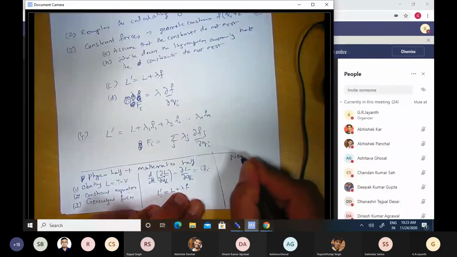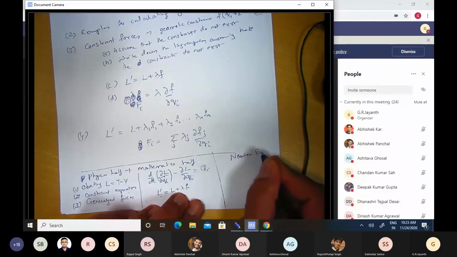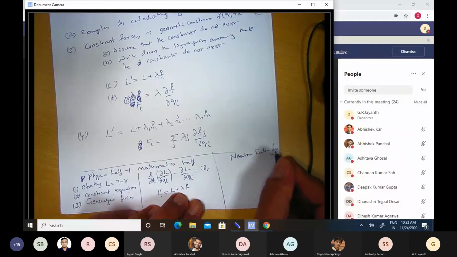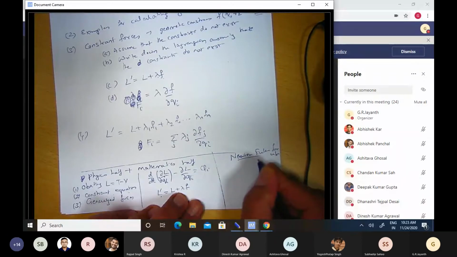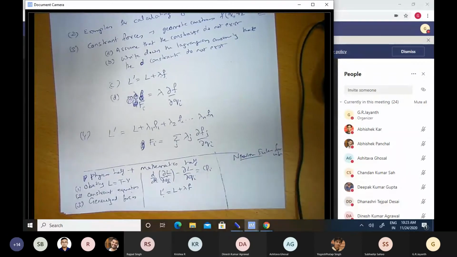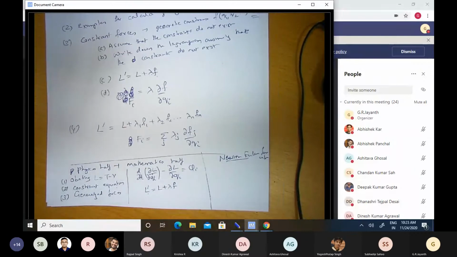Newton-Euler formulation. So in the Newton-Euler formulation, at least the way we have done it so far, in those recursive equations that we wrote, we did not bring in the mathematics at all. It was physics all the way.